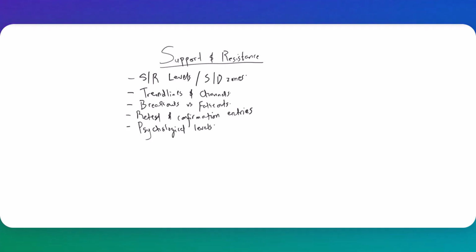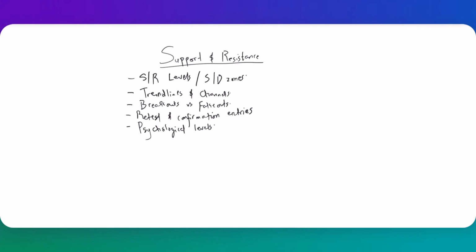Like I already showed you in the example, support acts like a floor. For example, if you bounce a ball on the floor, it goes up. If you throw a ball to the ceiling, it comes back down. That is how the mechanics of support and resistance work.